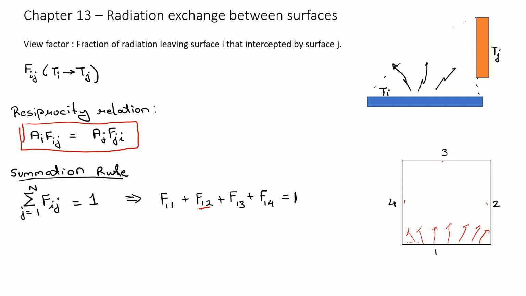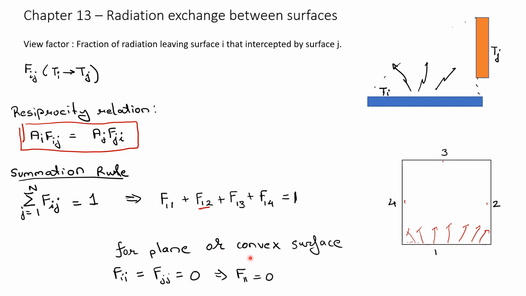Whatever radiation is emitted is intercepted by surfaces 1, 2, 3 and 4, which means that F of 1 1 plus F of 1 2 plus F of 1 3 plus F of 1 4 is equal to 1. That's what the summation means. So in this case, your I is 1 and your j will go from 1 to 4. So you will have F of 1 1, 1 2, 1 3 and 1 4.